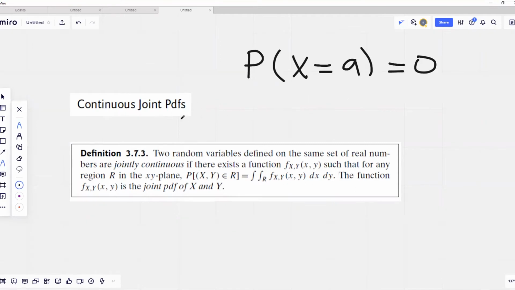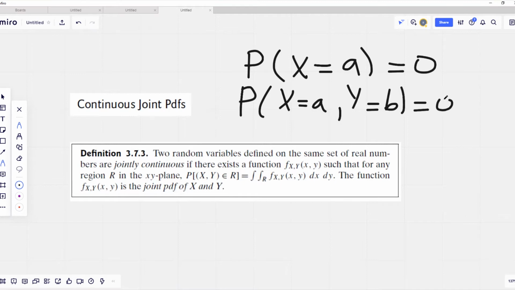In the case of bivariate continuous distributions, that will also hold true. So the probability that random variable x is equal to a and random variable y is equal to some value b will also be equal to 0 for all values of a and b.